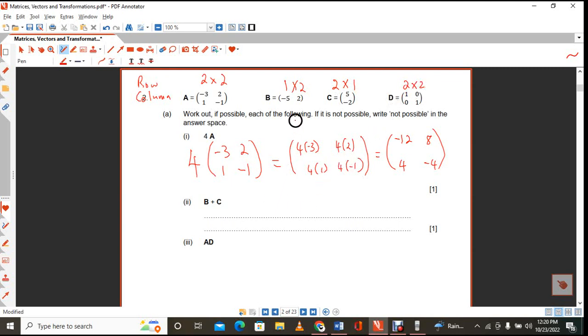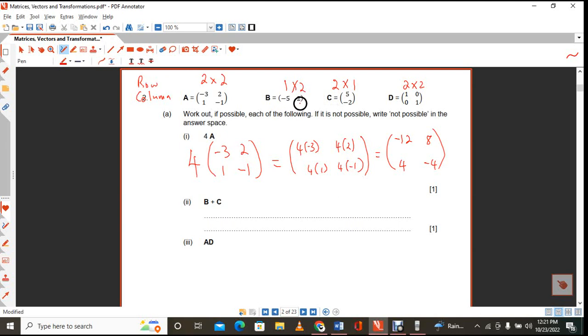Now, if you look at B and C, whenever you are adding matrices, you must make sure that they are compatible. What do I mean by that? If you look at the order of these matrices, you must add each element with the corresponding element. So these two matrices are not compatible. The orders are different.